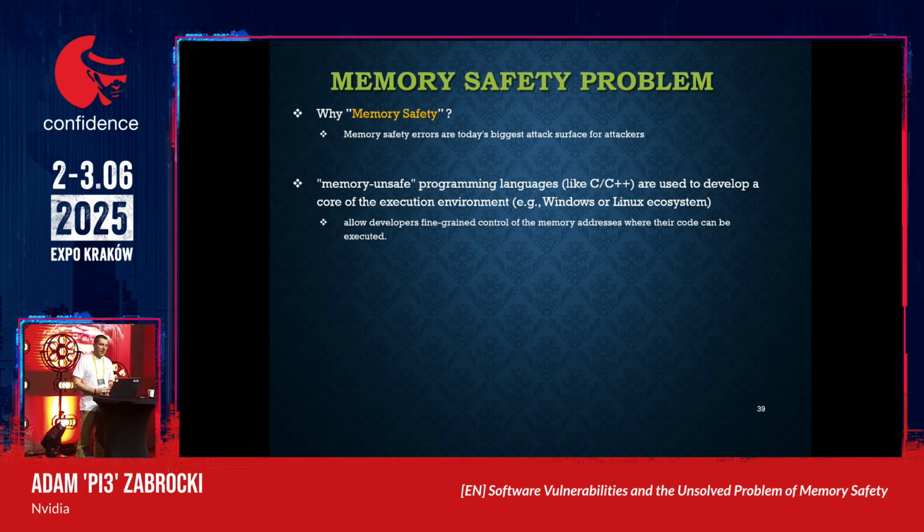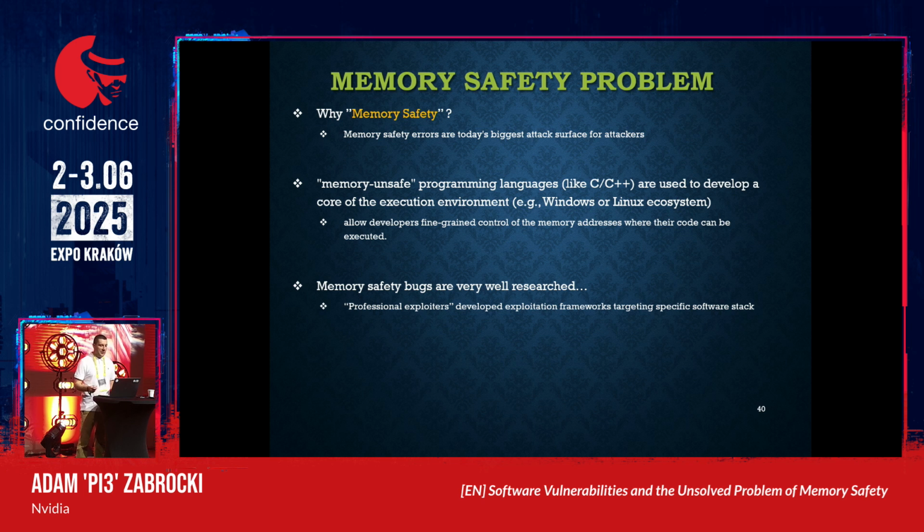Second of all, memory unsafe languages allow developers fine-grained control of their memory addresses, where it executes from. And it's important because memory at that time was a very expensive resource. We could not just use as much memory as we wanted because it was too expensive and we didn't have much of it. So this is one of the reasons why we chose memory unsafe languages at the time, even though we already had memory safe languages.